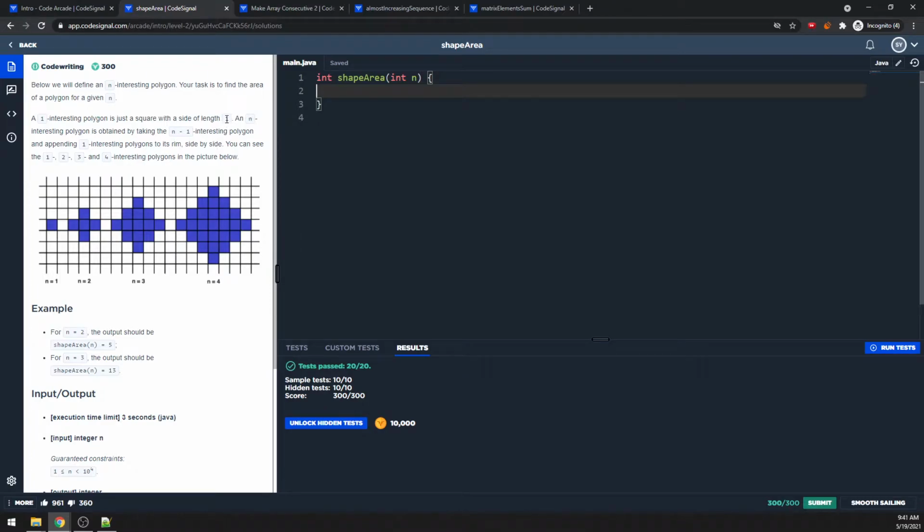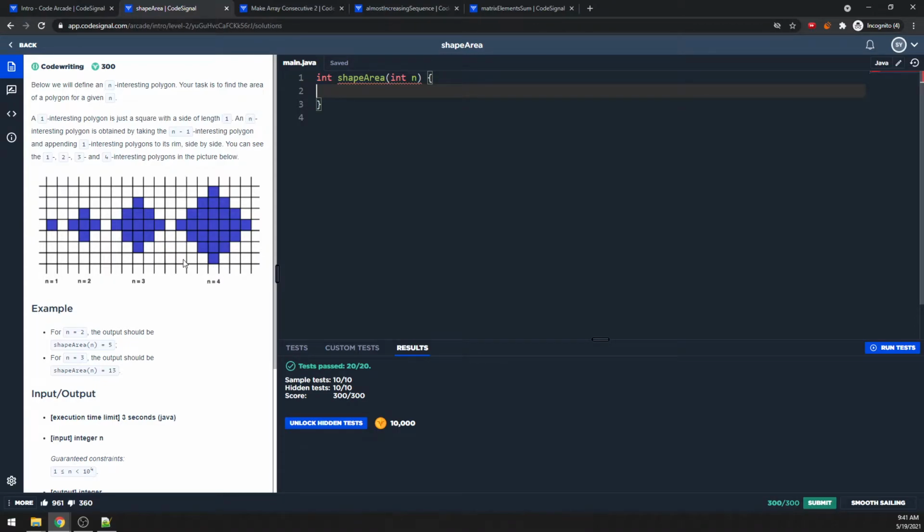Shape area. In this question, we need to find the area colored in blue. The idea is to take the whole square area and subtract the white spots.